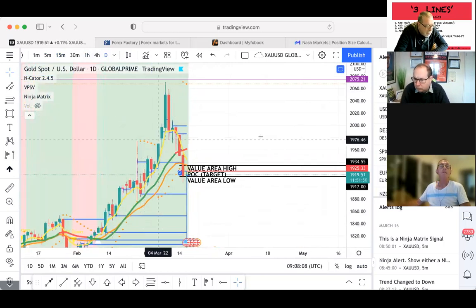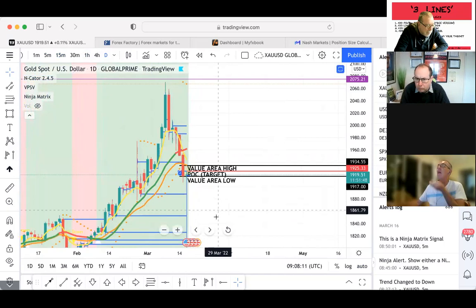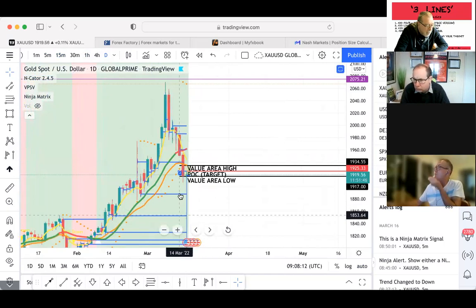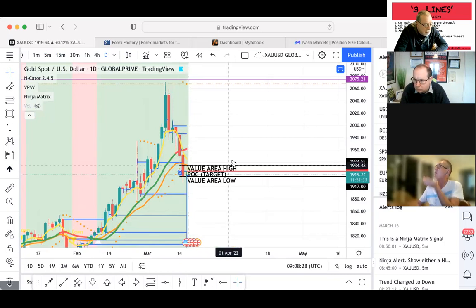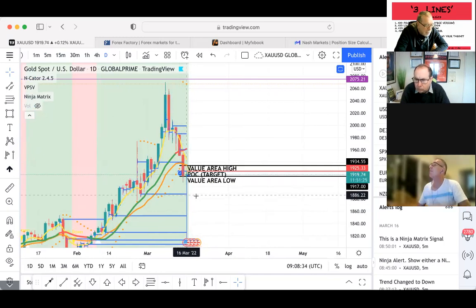By moving to the daily chart, what I've got is some other outstanding points of control, but this time they're below the current price. So we've looked at this one as being a potential target if price decides to go upwards, and now we've got potential targets if price decides to go downwards.